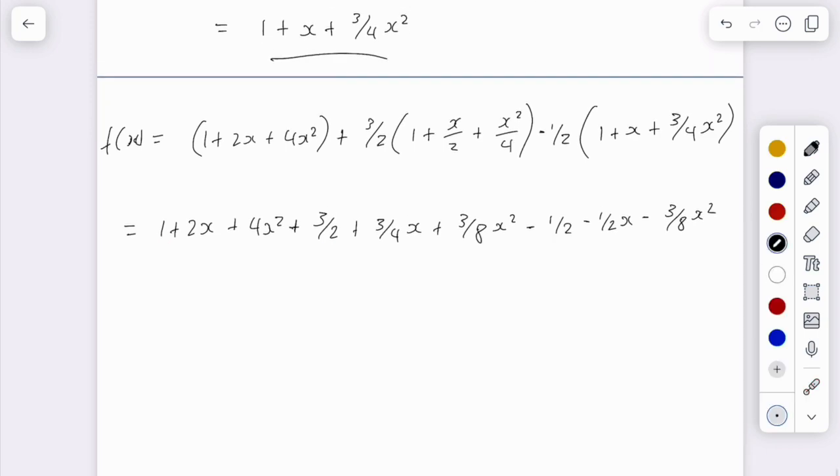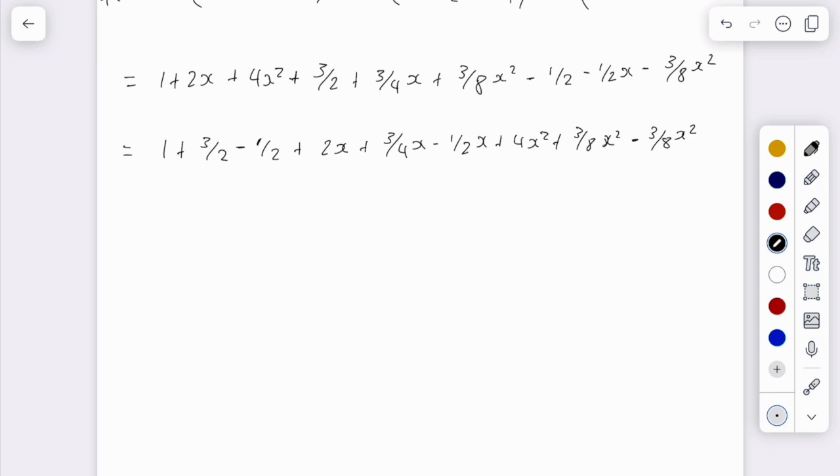Okay, so we put this all together. We've got 1 plus 3 over 2. That's 2. Put the constants together. Plus 2x. Get the x's together. Plus 3 over 8 x squared minus 3 over 8 x squared.